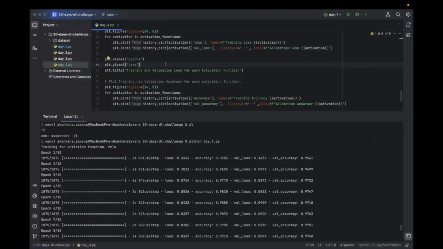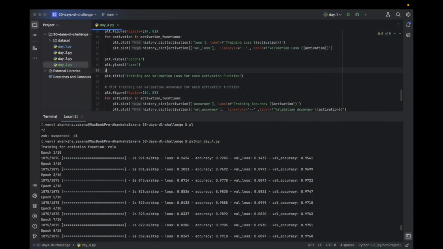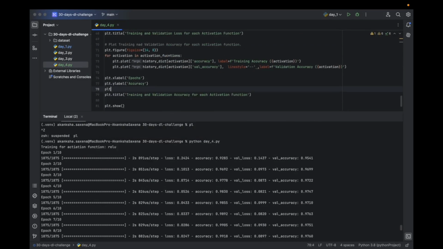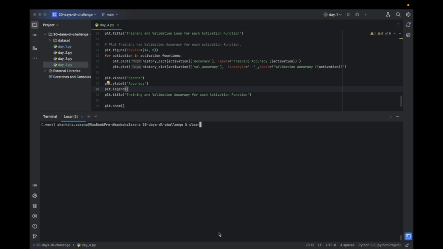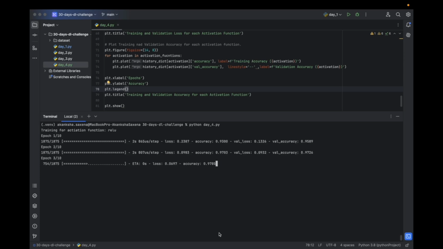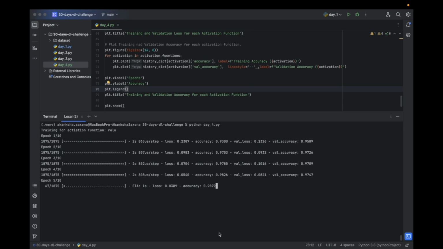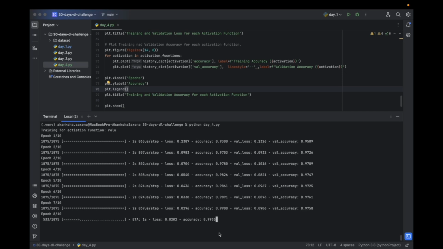We forgot one thing, and we cannot see which line represents what, right? So for that we need to use this legend function, and I'm really sorry. Come back to this and recompile. It is not going to take long, trust me. Took hardly 20 seconds. So let's wait for 20 seconds, and then we will decode the training.